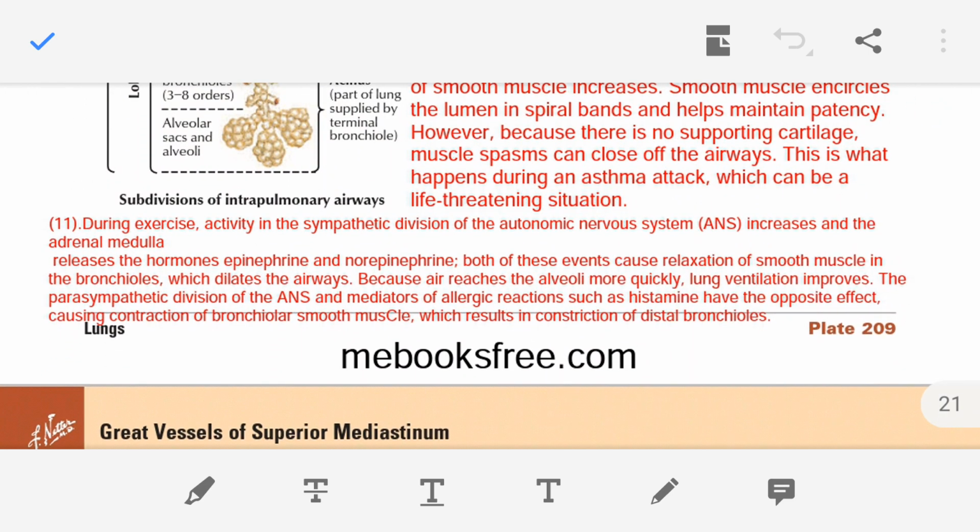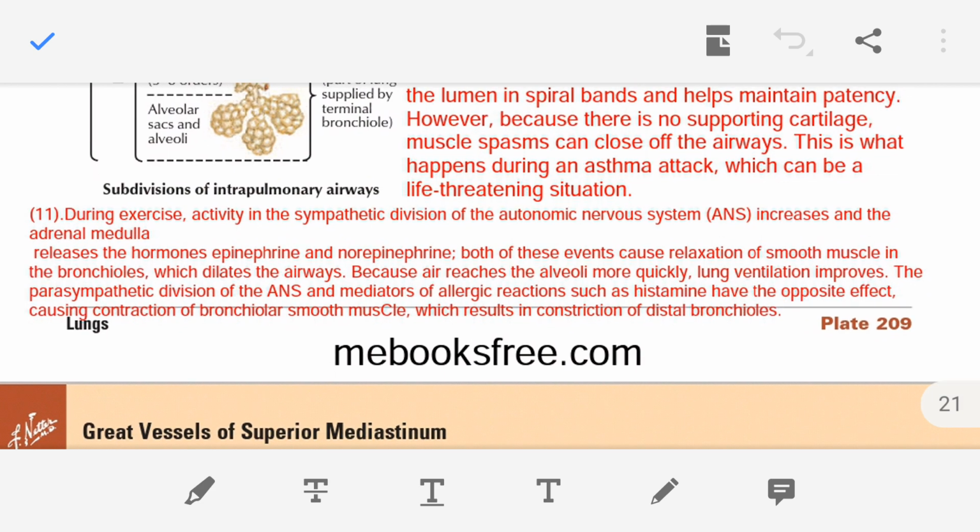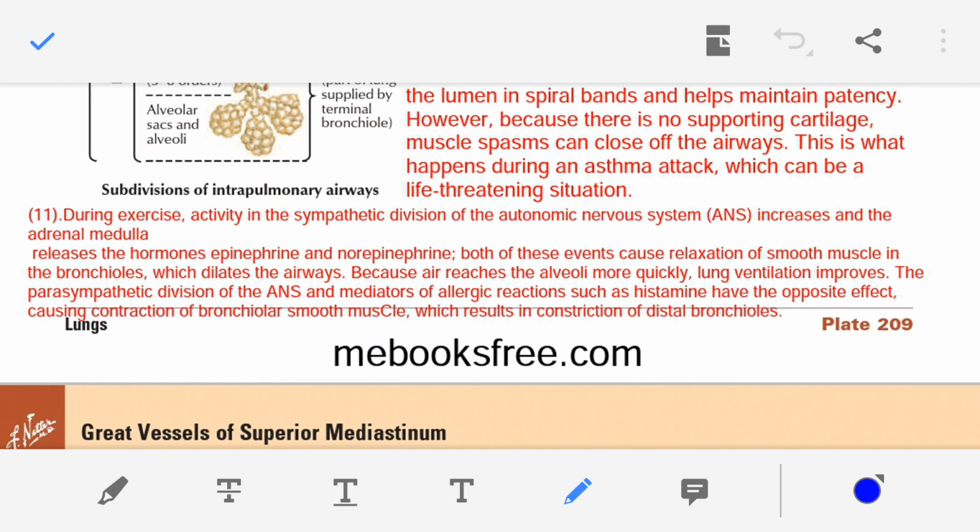Now we are on the final point of our discussion, point number 11.